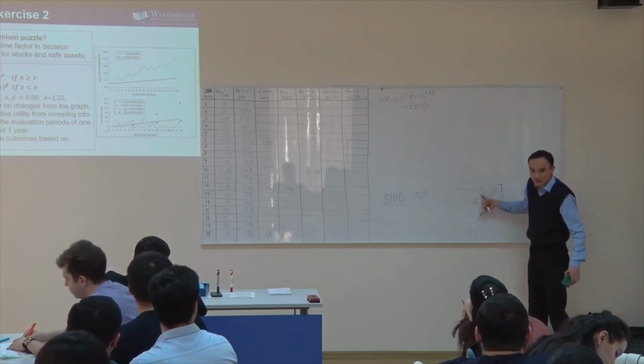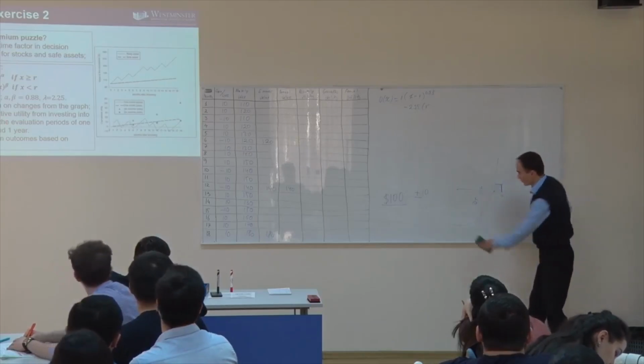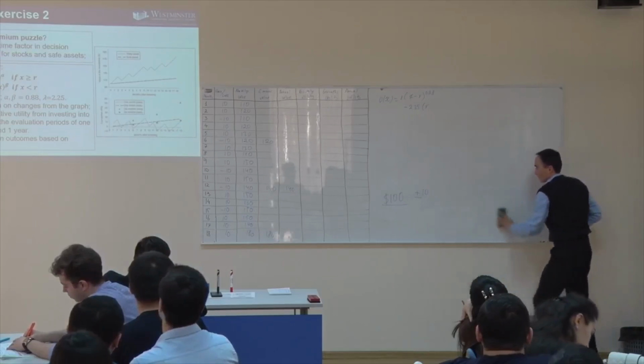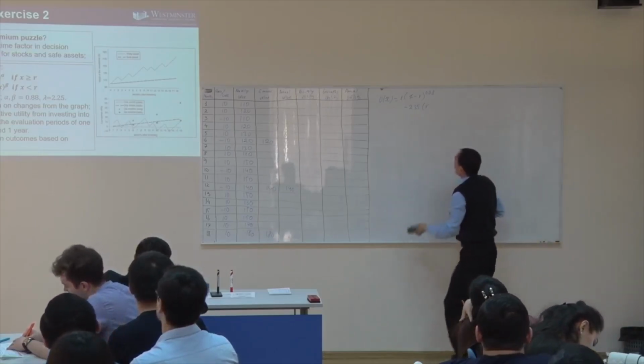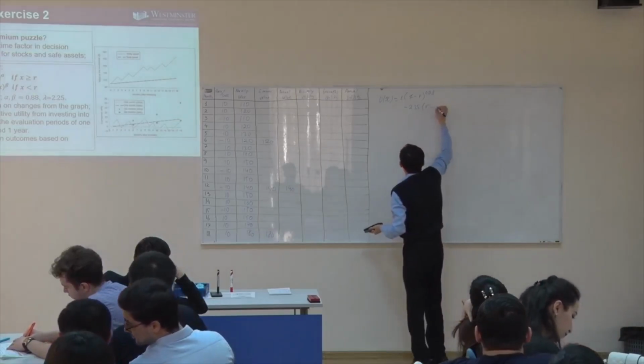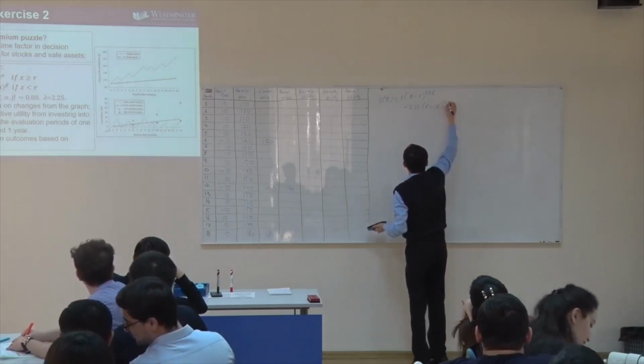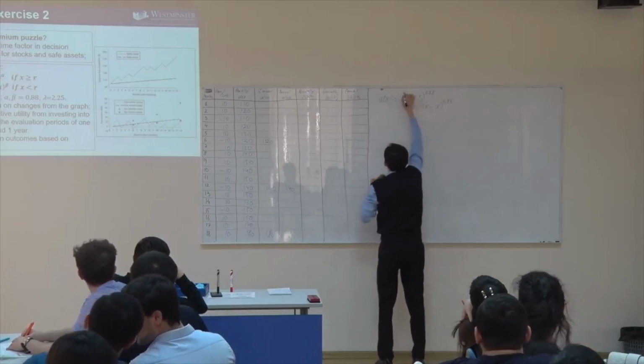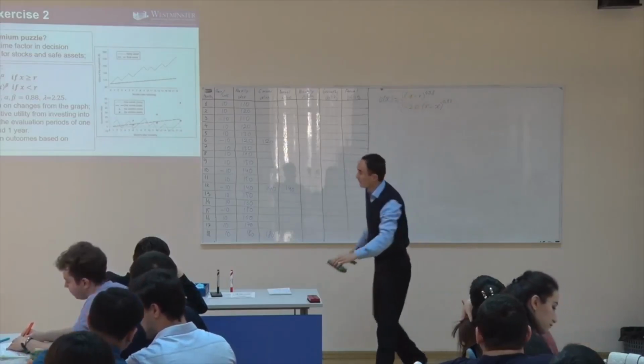This lambda means this one. Okay? That's a good question. So lambda times reference point minus final wealth to the power of 0.88. So now we have it.